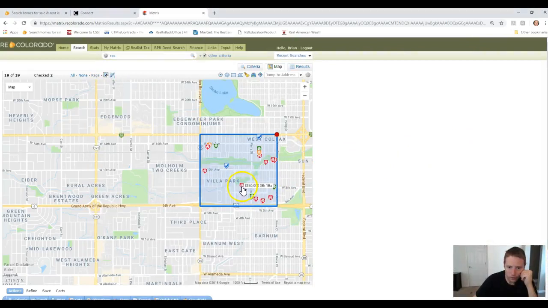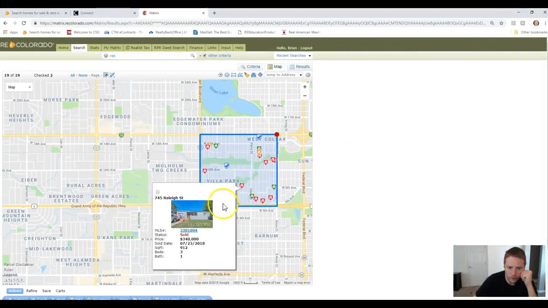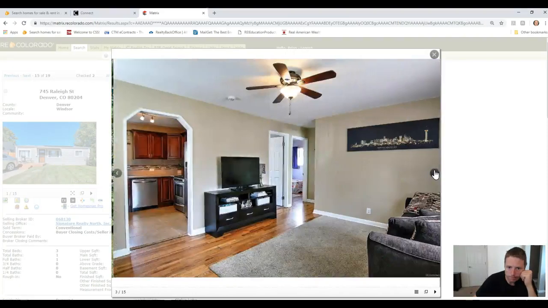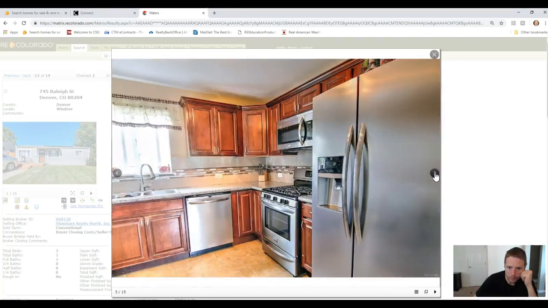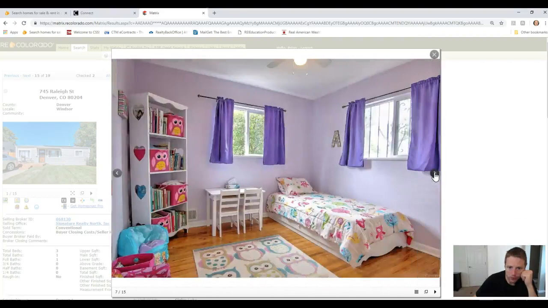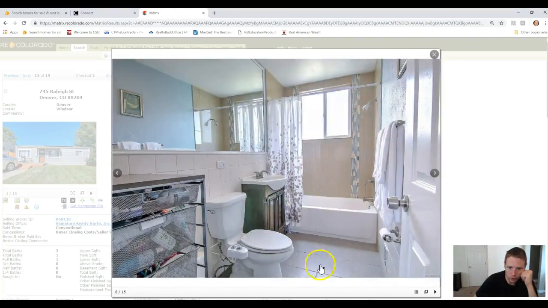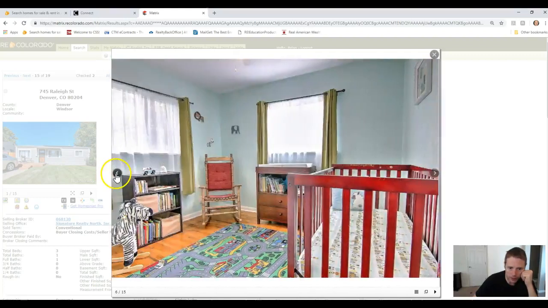Take a look at this 340. Yeah, so I think this is a much closer value. So new tile, you can see it's pretty modern tile, modern sink. I always look at the bathrooms and kitchens.